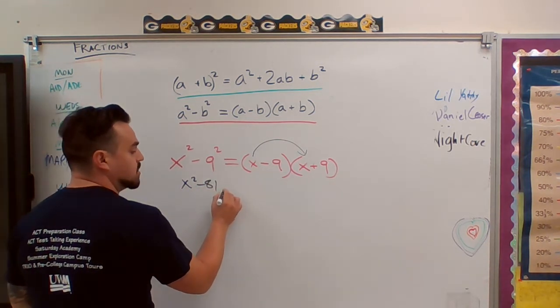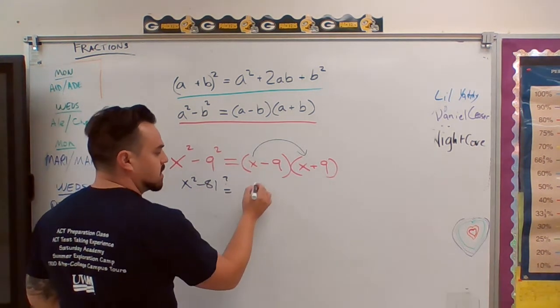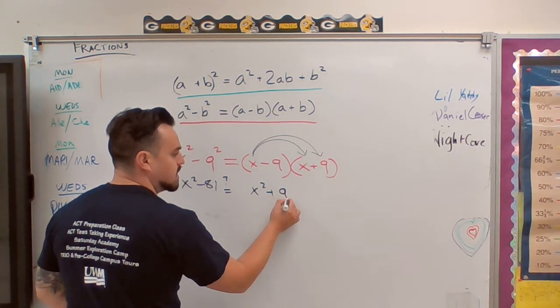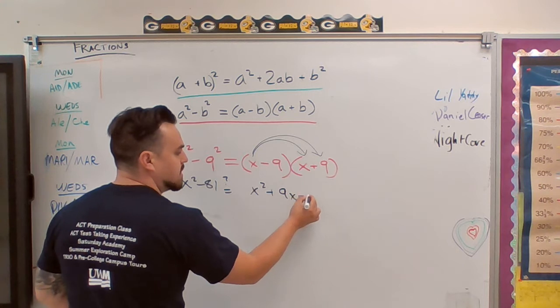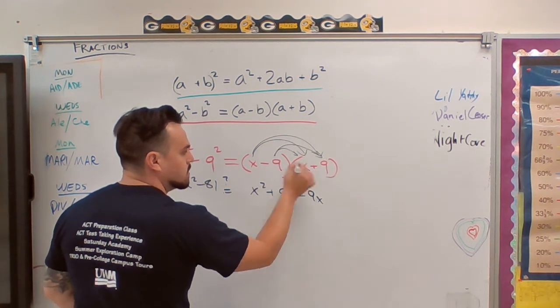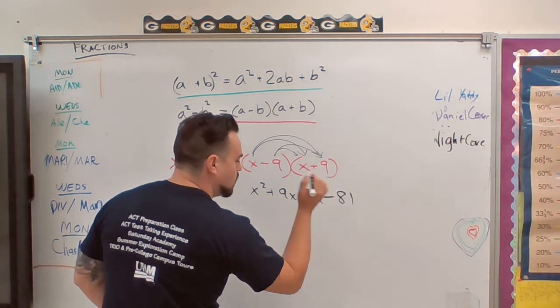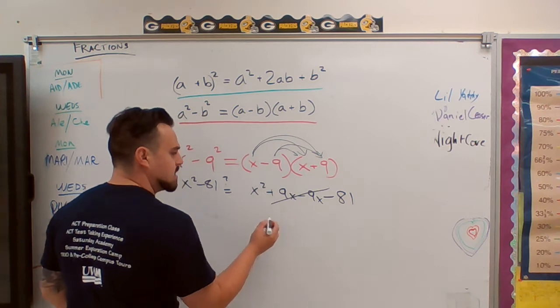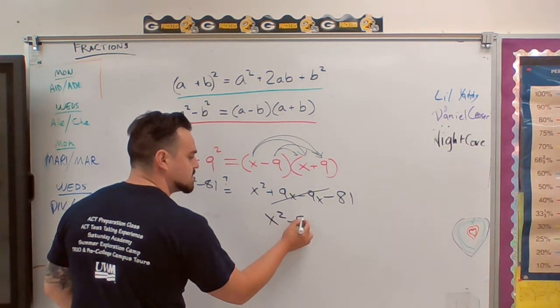That should be the answer. Is it? Let's find out. That'll be x squared. That'll be plus 9x. That'll be minus 9x right there. And then that will be minus 81. 9x minus 9x, those just cancel out. So that is indeed x squared minus 81.